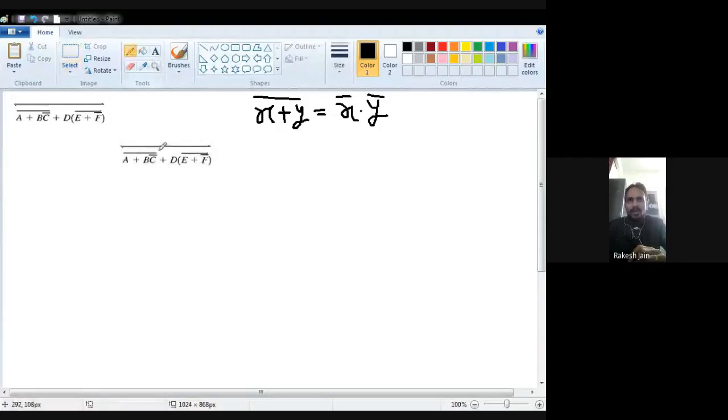Now consider these as two terms. One term is this one, and the second term is this one. In between them a plus sign is there. So x is (A plus BC bar) whole bar, and y is D in bracket (E plus F bar) whole bar.